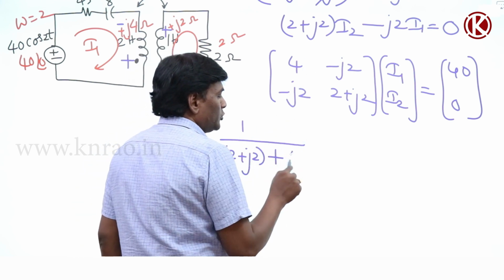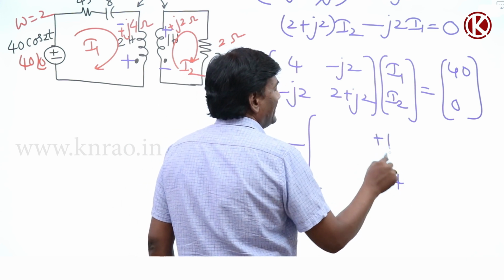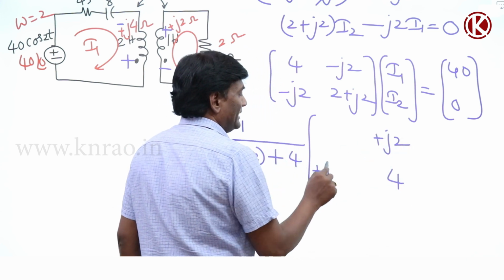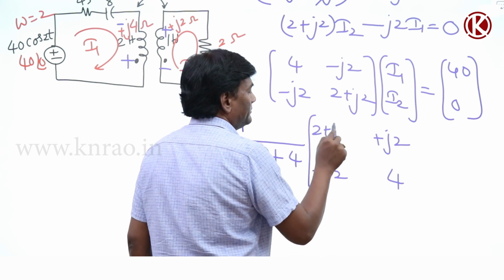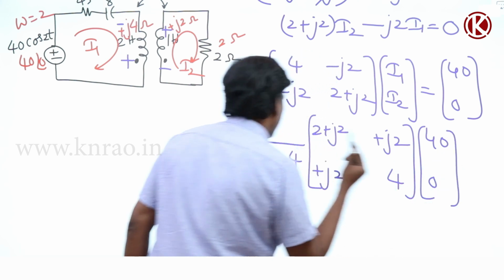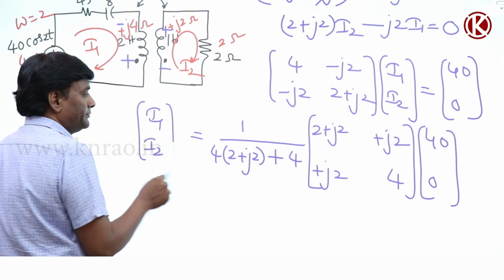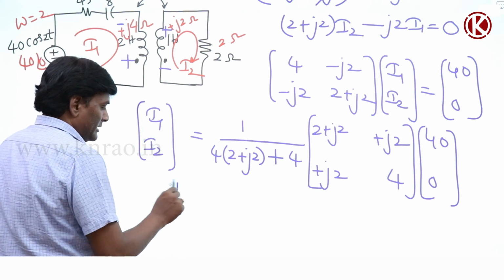Okay, 2 into 2 is going to be 4 into A minus B minus C D into 40, 0 is going to be I1, I2. Okay, so I calculated this.